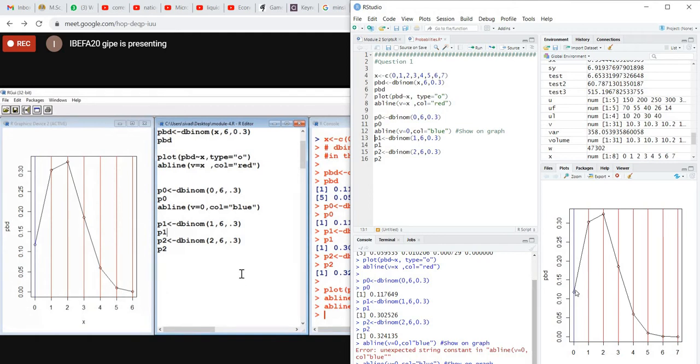Similarly, I want to show the probability for 1, and the color say green.